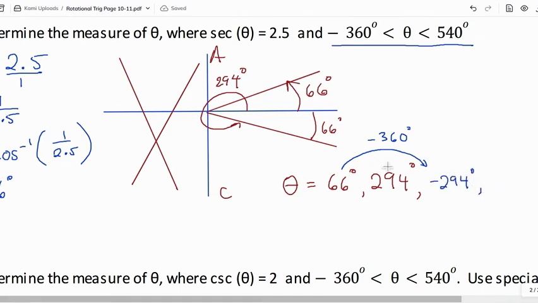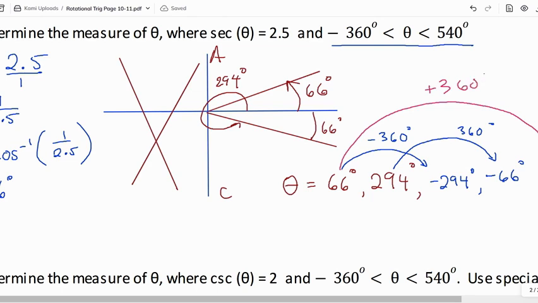That works. What happens when I subtract 360 from 294? Ooh, fun. It's negative 66. Sometimes it works out like this. Sometimes it doesn't. Okay. If I subtract 360 again, I'm going to be outside my limit. But what I can do is I can now see what happens when I add 360.